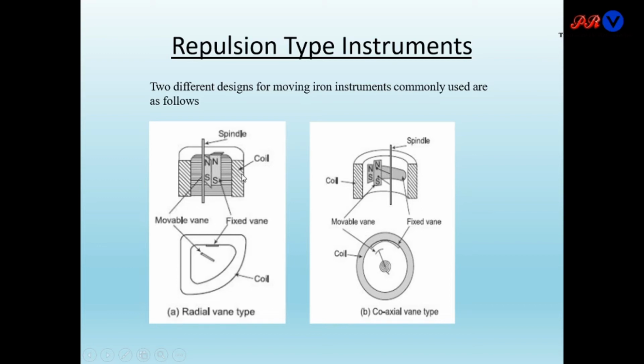When current passes through this coil, these two vanes have the same polarity, that is, the N pole occurs here, and the N pole of the movable arm is also present here. Similarly for south pole and south pole. So this vane will get repelled from this vane. The pointer is attached to this spindle, so our pointer will move on the calibrated scale. Similarly, the working is the same for the coaxial vane type.